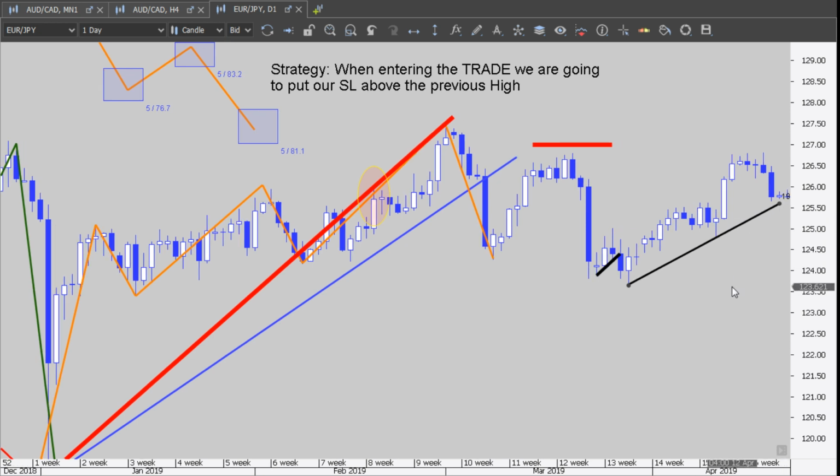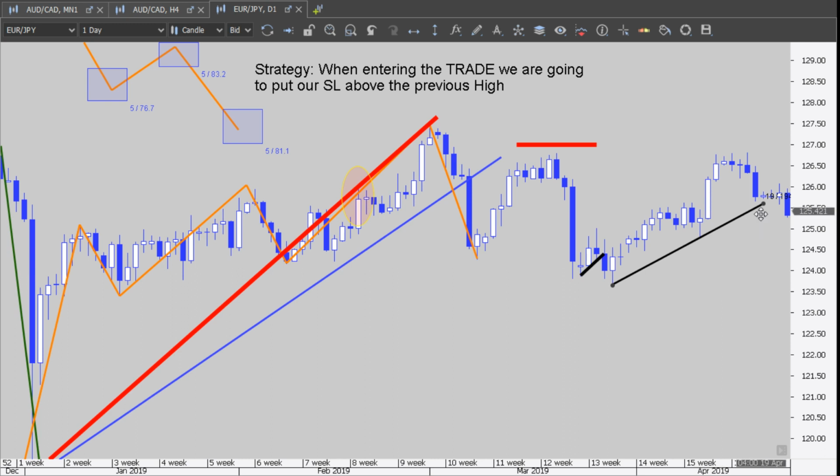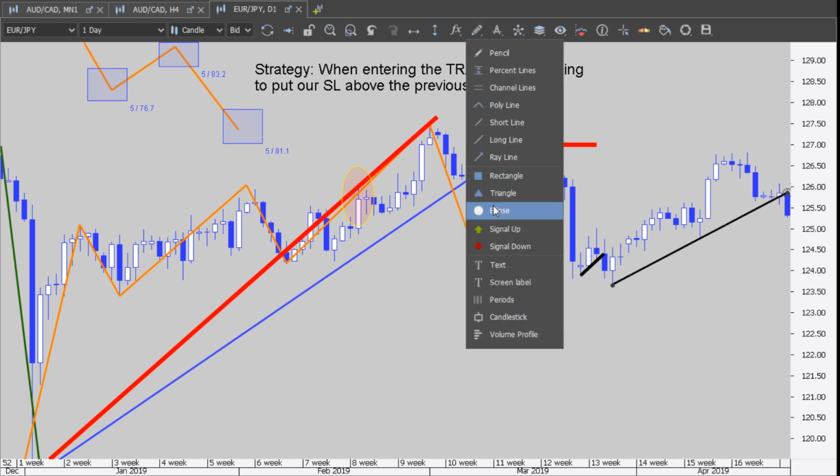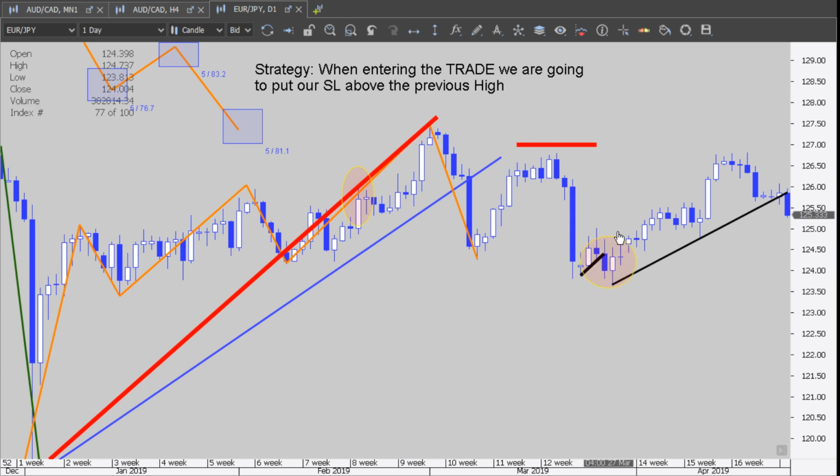This is my counter trend line, and bam, I'm in. The market broke. So this is my first entry. This is my second entry, right? Stop loss goes. This is still the second, right? So I have two stop loss here.